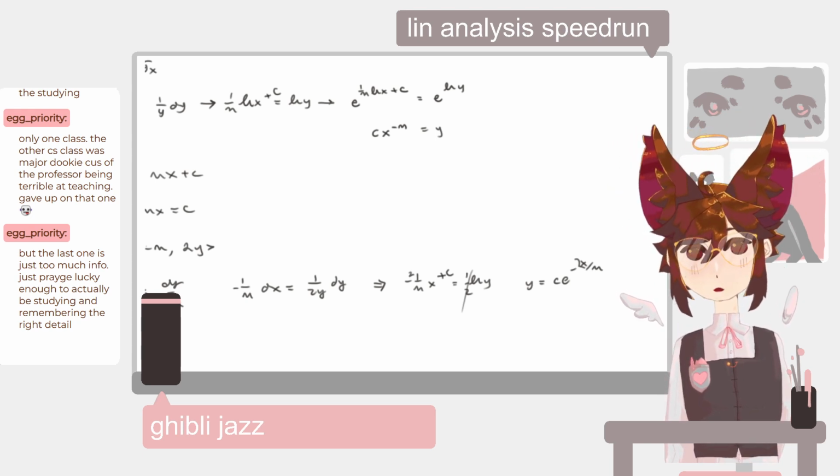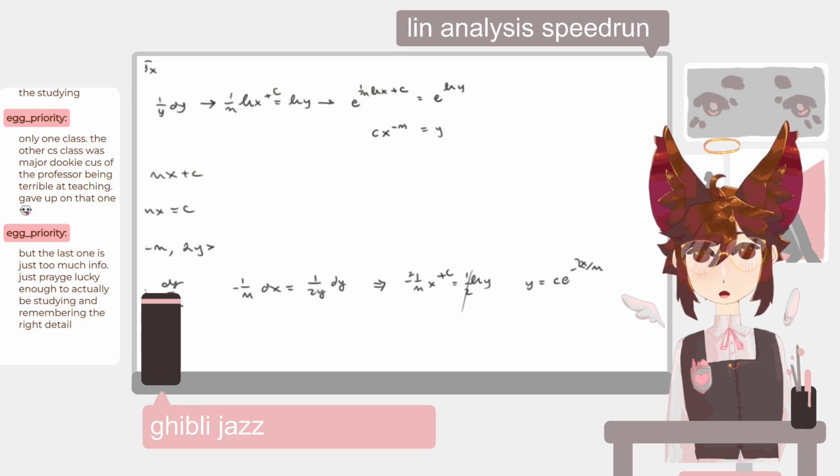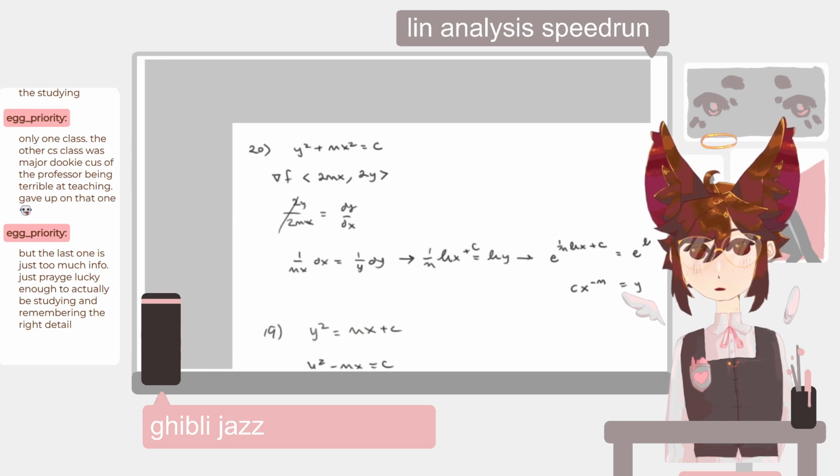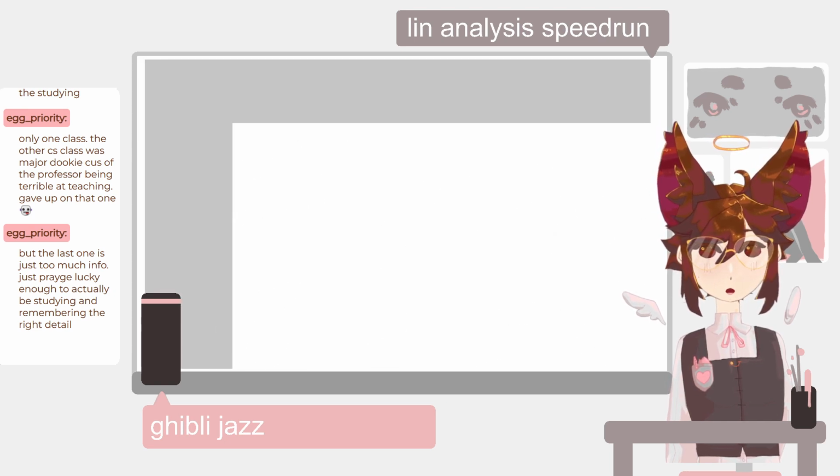Let me just do, I think I can illustrate with an example better than explaining it. Let's see, what's a good one? Yeah, we'll do that one. I think I can maybe talk about that one.